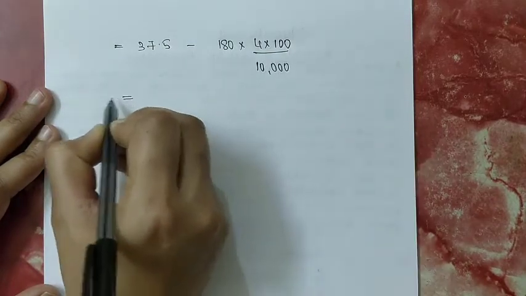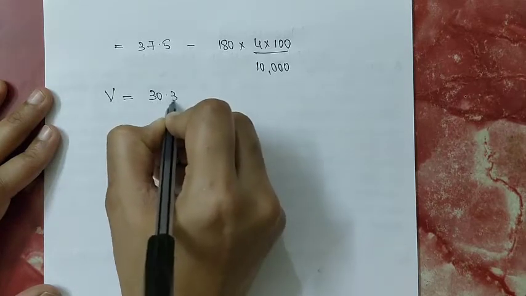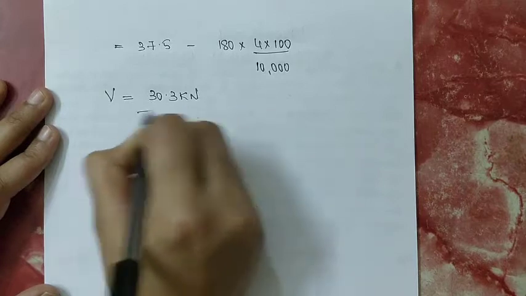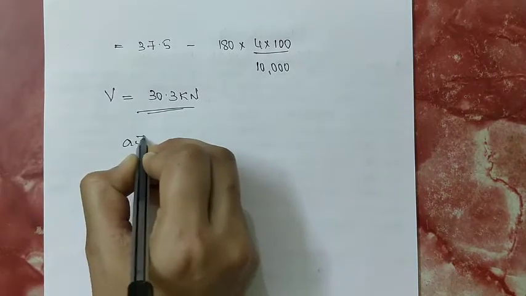Upon simplification, you will get it V as 30.3 kilonewton.